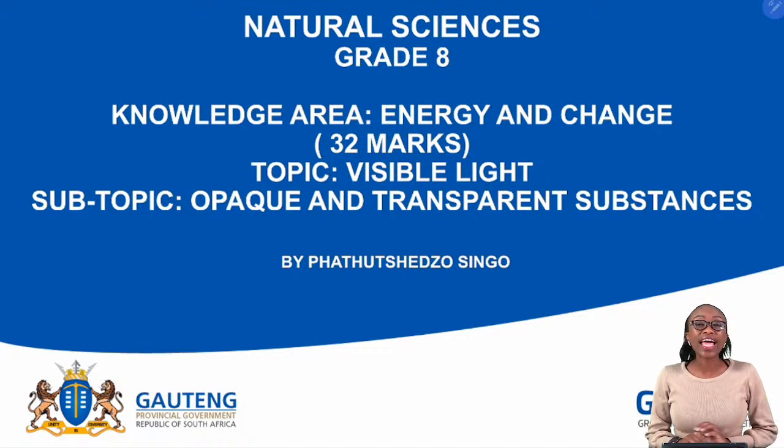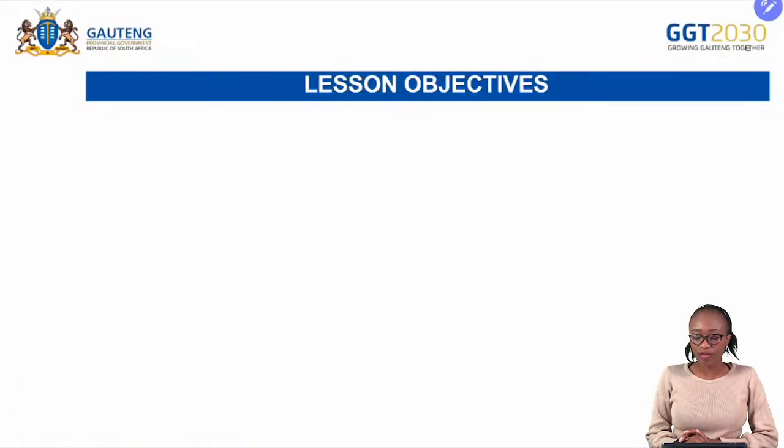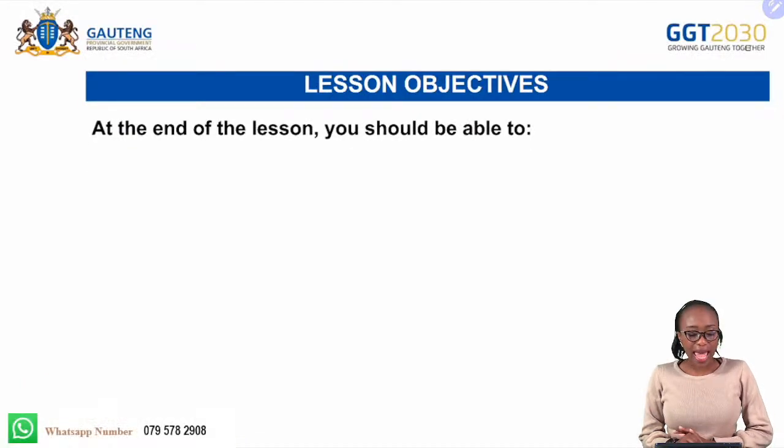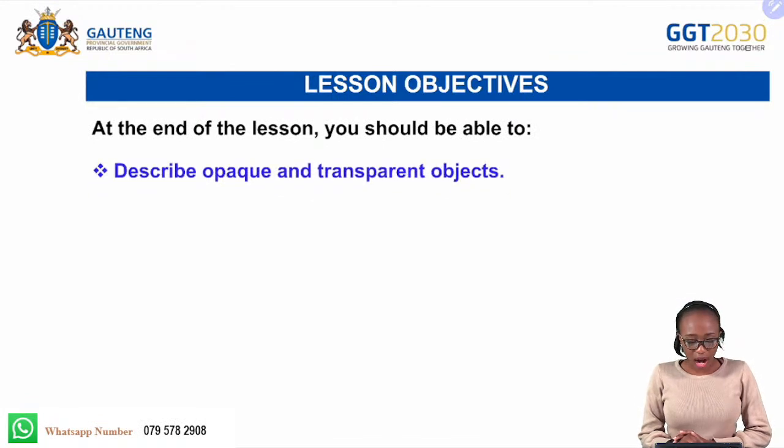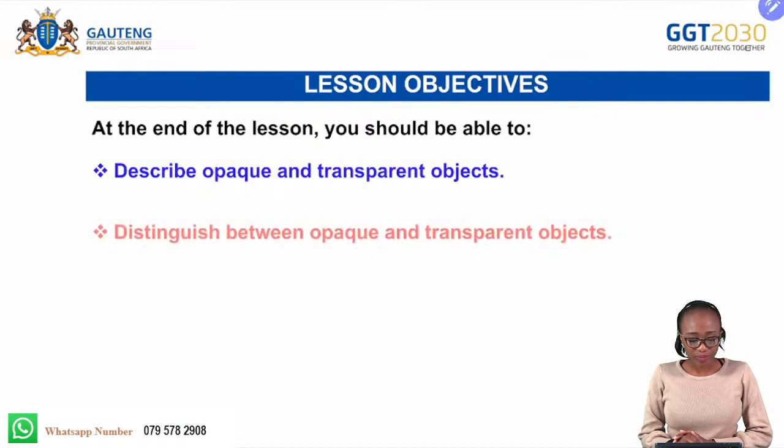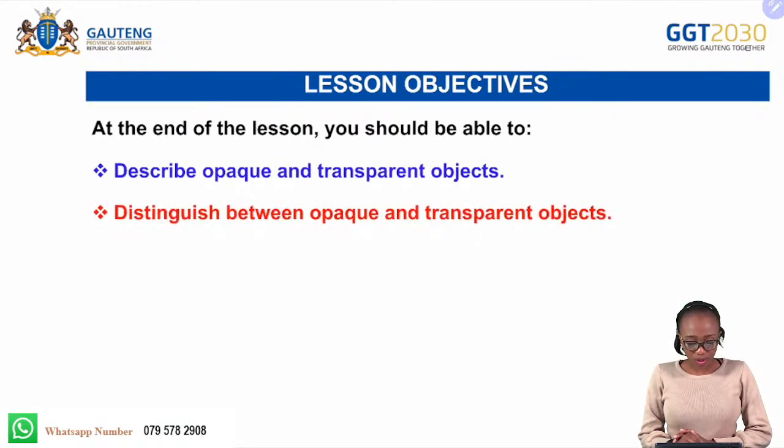Now, let's look at today's lesson objectives. These are the goals that we're aiming for today. At the end of the lesson, you should be able to describe opaque and transparent objects, distinguish between opaque and transparent objects.